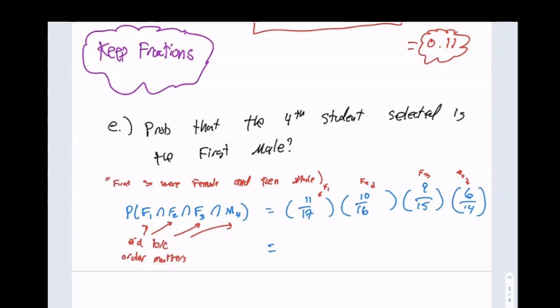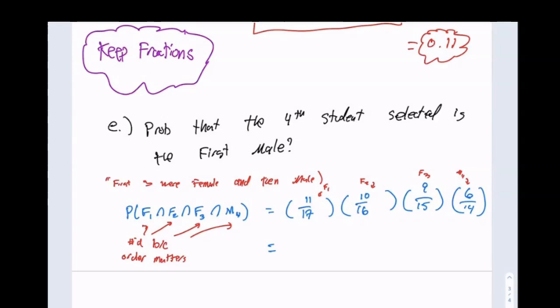11 divided by 17, close parentheses, times, hey. I wish I just had my graphing calculator, which I don't have on me right now. Times, parentheses, 10 divided by 16, times 9 divided by 15, times 6 divided by 14.